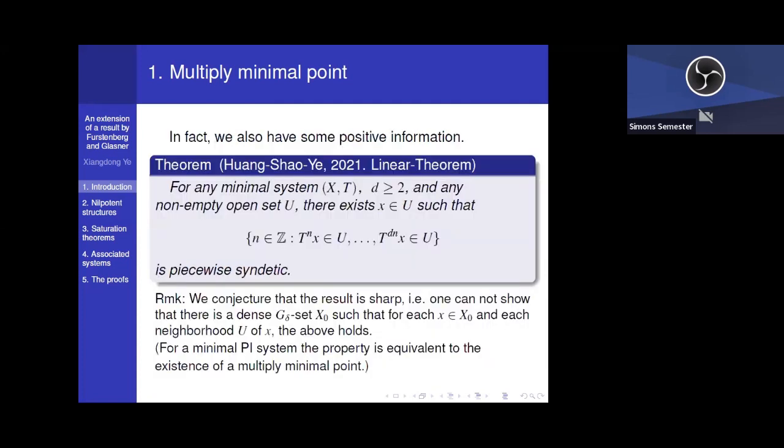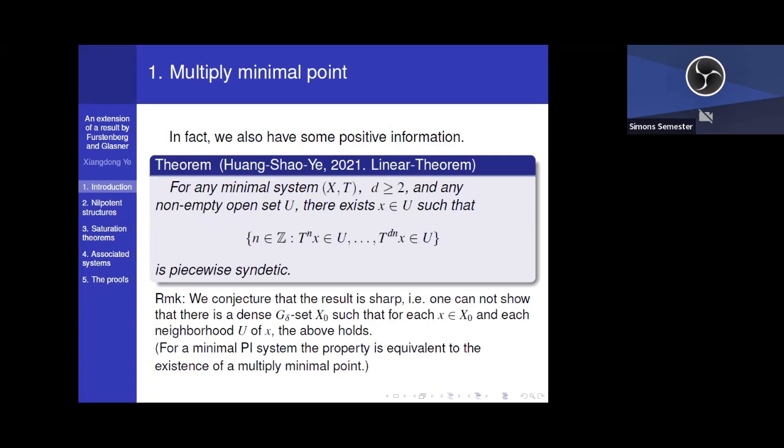After giving the example, we started to think about whether there is any positive information on the question. So we found that if (X,T) is a minimal system, then for every open set U, you can find an x such that this set is piecewise syndetic. But we cannot say it for each x and each neighborhood U.